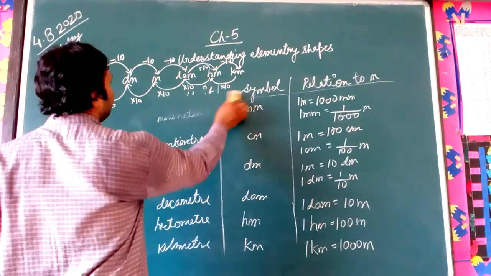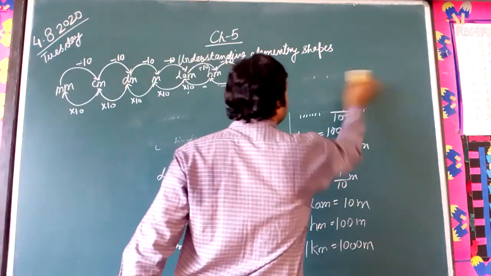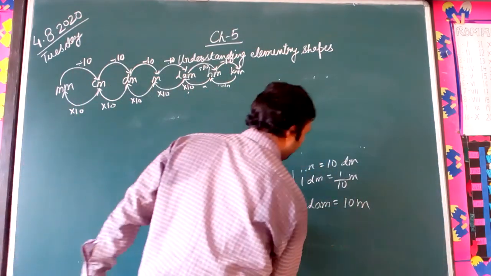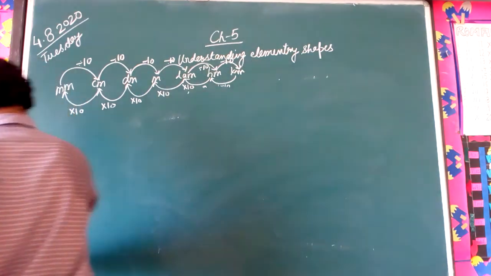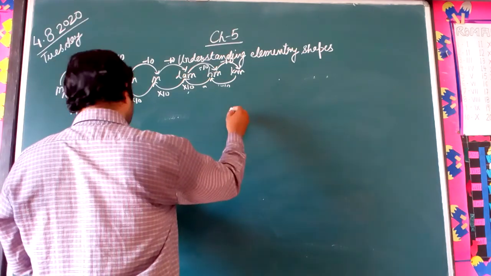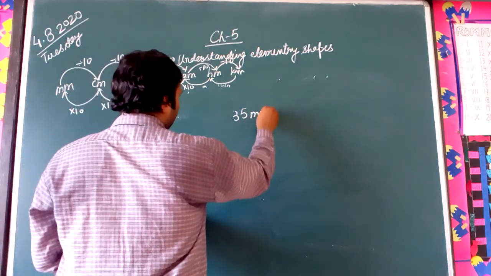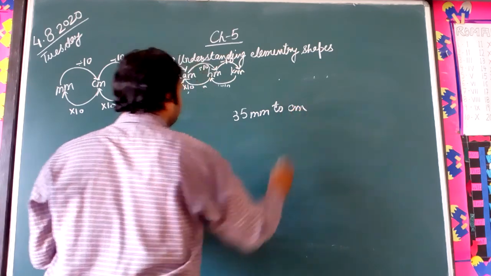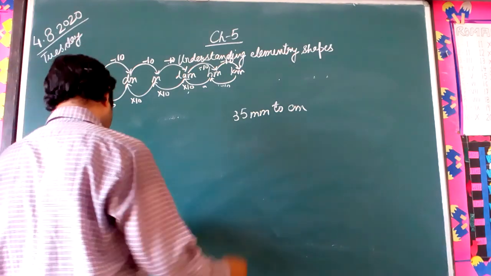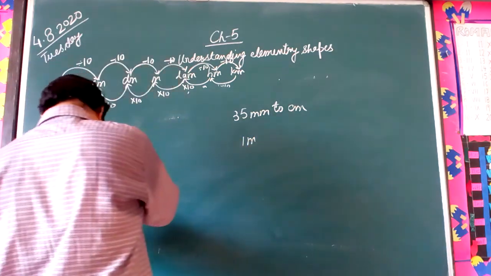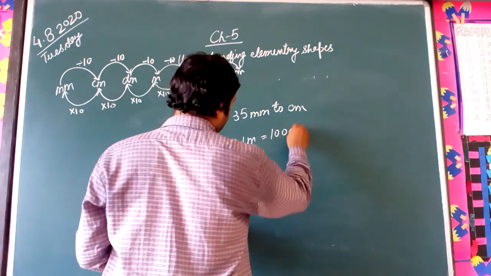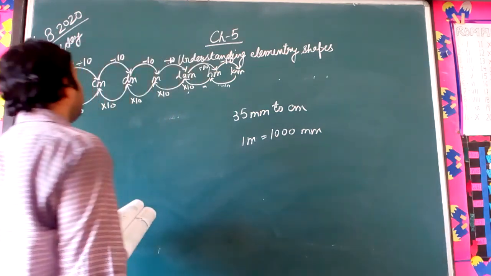Now we will do some examples to understand this easily. 35 meter to mm. As we all know, 1 meter equals 1000 millimeter.